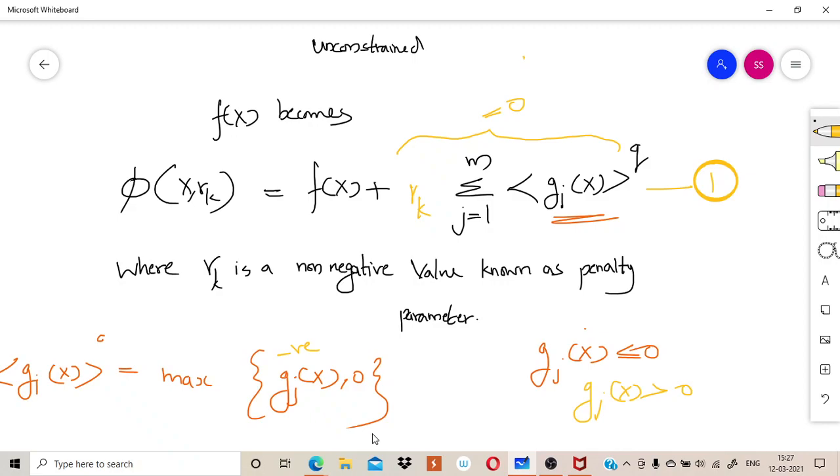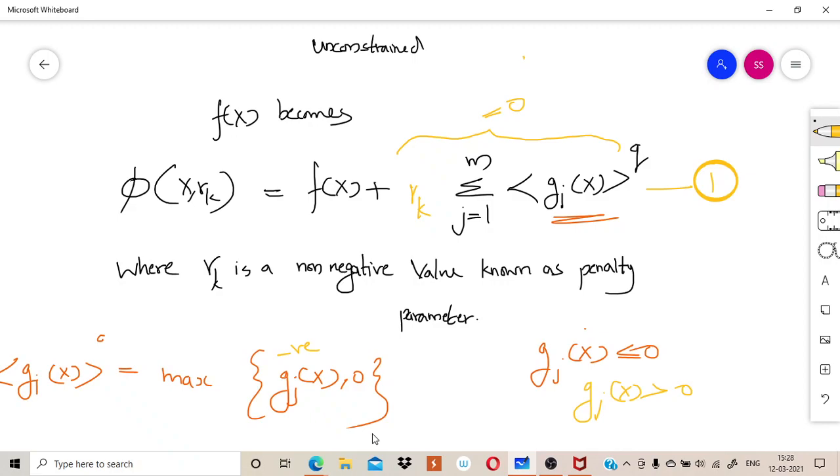Okay, as the power q increases, 1, 2, 3, the rate at which the penalty is added will increase. So this is the reason why this formulation is called the penalty function method.